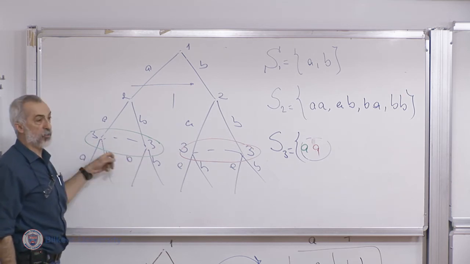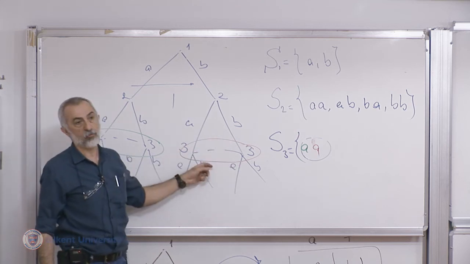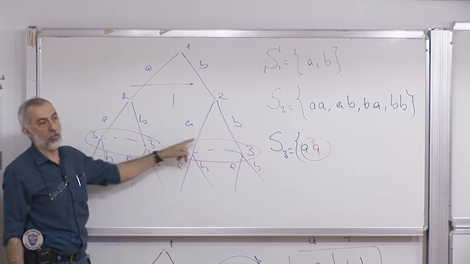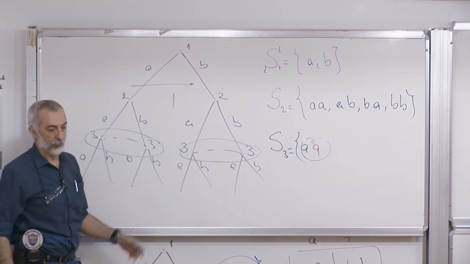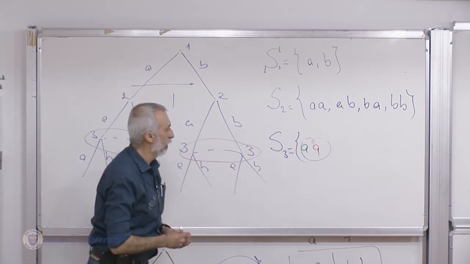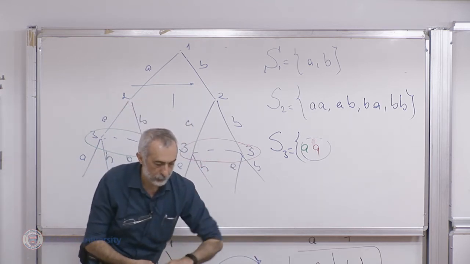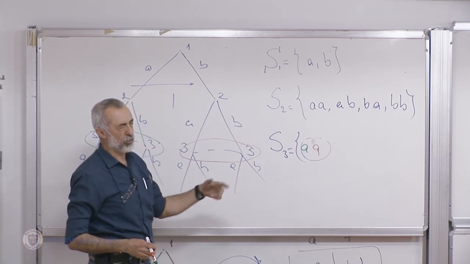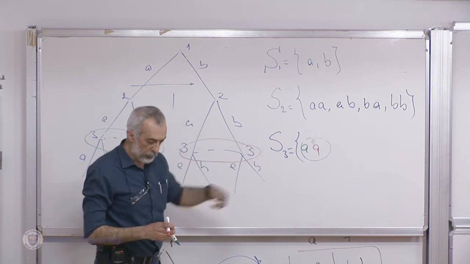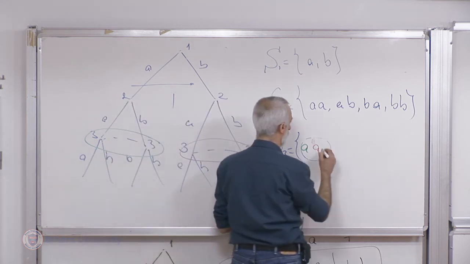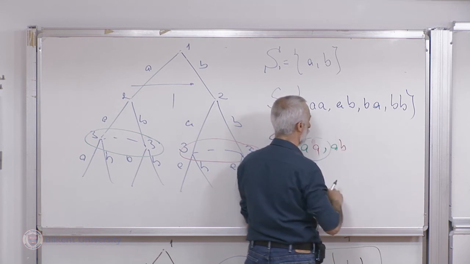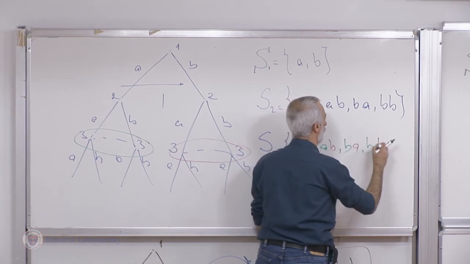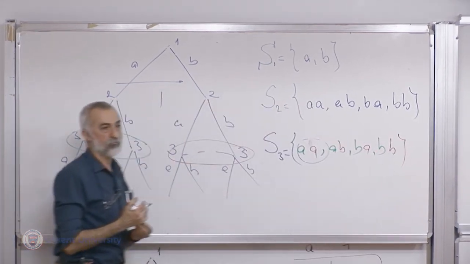But he knows which information set he is in, which means that he can base his action on which information set he is in. And hence, as your friends said, the set of strategies, complete plans of action available to player 3 is AA, AB, BA, BB. So far, so good?